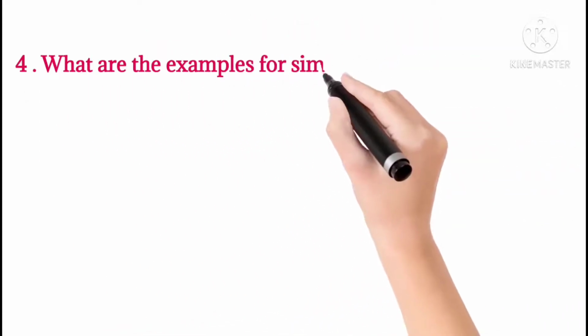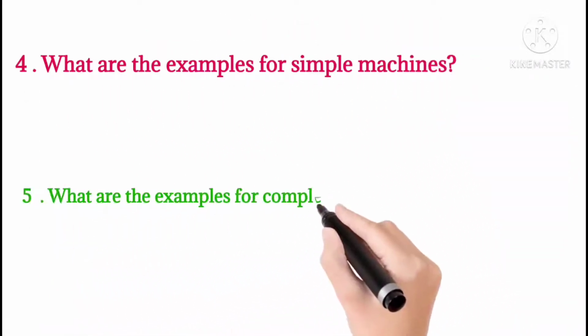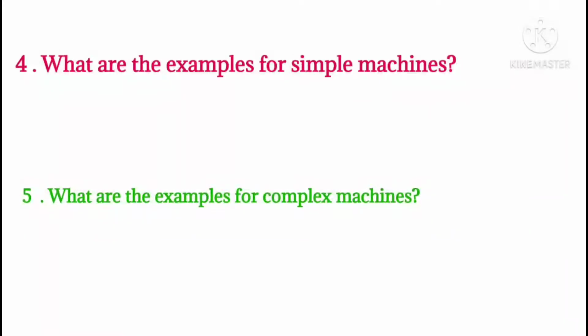Question number 4. What are the examples for simple machines? We know that simple machines have one or two parts.